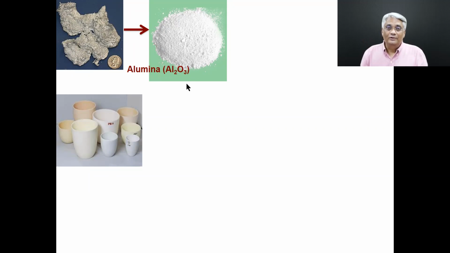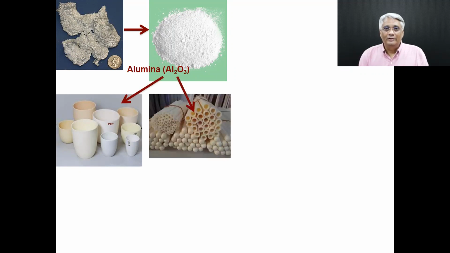Because of its high melting point, alumina can be used as a crucible material. It's a nice crucible material, and if you have to heat compounds in a furnace, the first thing that comes to our mind is the alumina crucible.